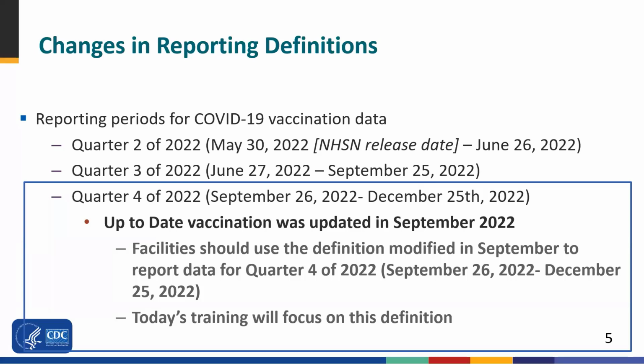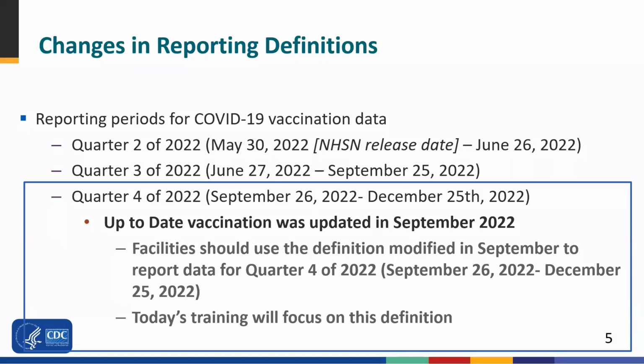Please note that facilities should use the definition for the quarter they are reporting for, regardless of when they report those data. For example, if this week I needed to go back and report data for a week in Q2 of 2022, I would use the up-to-date vaccination definition from quarter 2 of 2022.